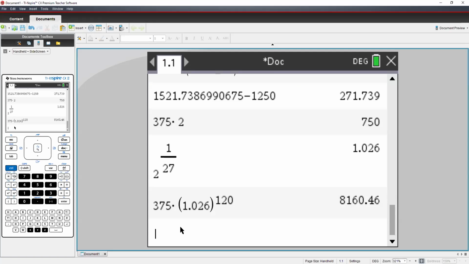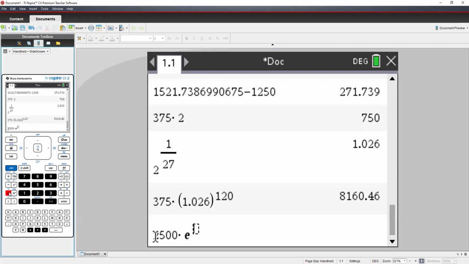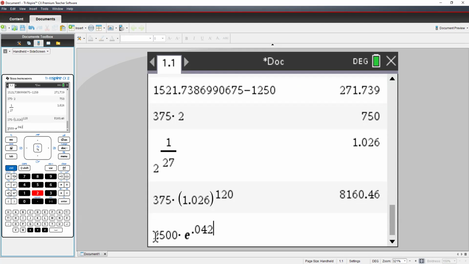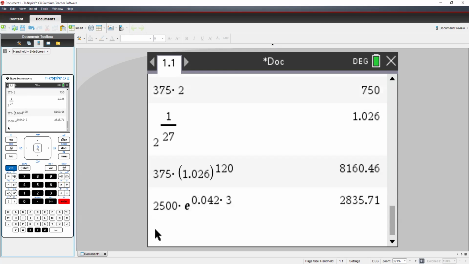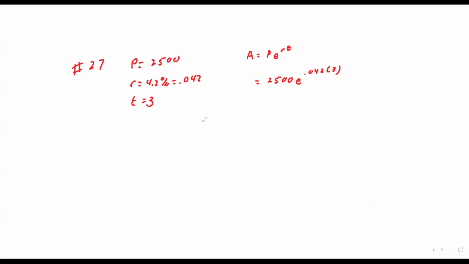So again, we have 2,500 times e raised to the rt, so that's 0.042 times 3. There you go. So this will give us $2,835.71.